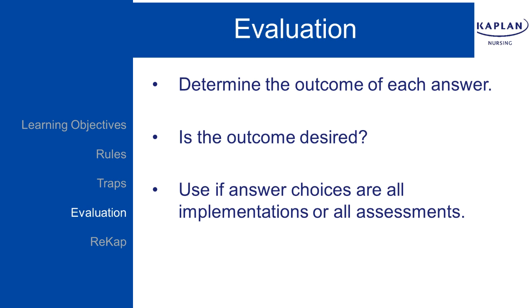So if all of your answer choices are assessments, you'll work your way through, are there physical or psychosocial ones here? If they're psychosocial, you'll eliminate them. Do the ABCs apply? If they don't, then you go to determining the outcome. And frankly, this is a part of the thinking that you're going to use on almost every question. It's really important, and that's why we've pulled it out in this way.